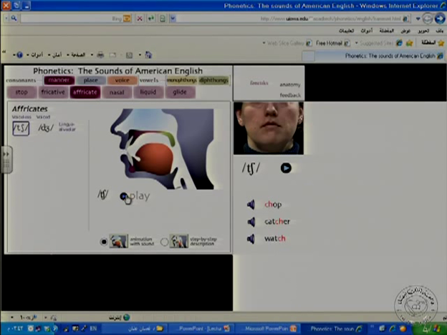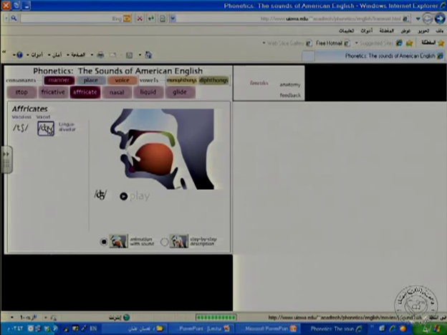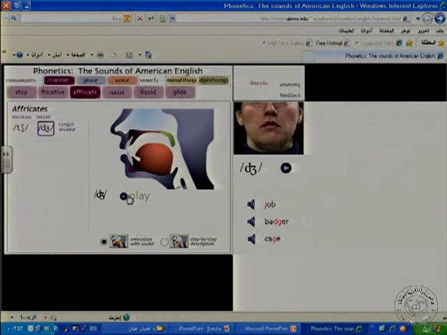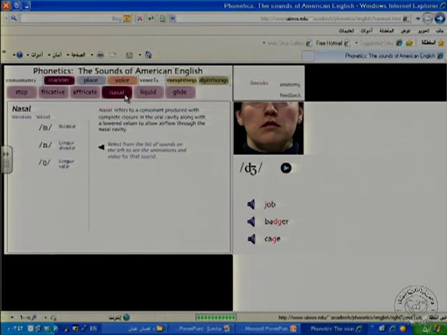You can see the tongue touches the alveolar ridge, and here the velum raised up to close the nasal cavity. In the case of j, exactly the same process happens in the mouth.